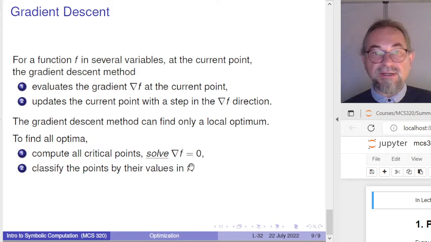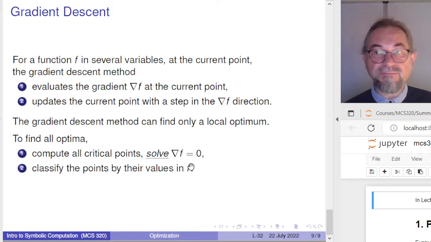To make the connection with the general solvers available in symbolic computation, if we want to find all optima, the minima, the maxima, the saddle points, then we compute all the critical points by solving the system defined by the gradient.